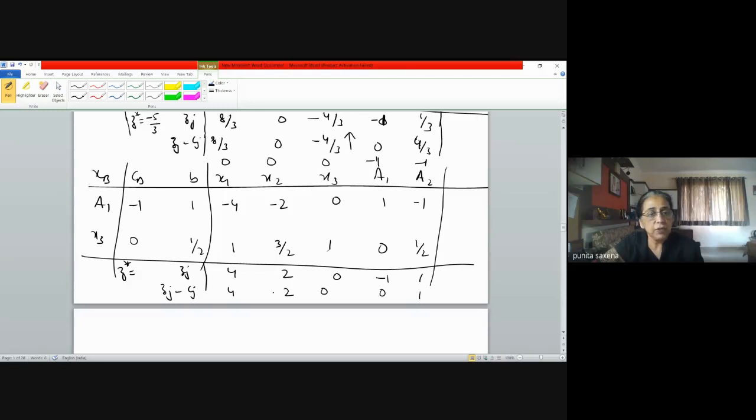No entering variable because all Zj minus Cj's are more than or equal to 0, right? But you still have an artificial variable in the basis. And what is the value for A1? 1. So that means it's present in the basis at a non-zero level. Therefore, the problem has no feasible solution.